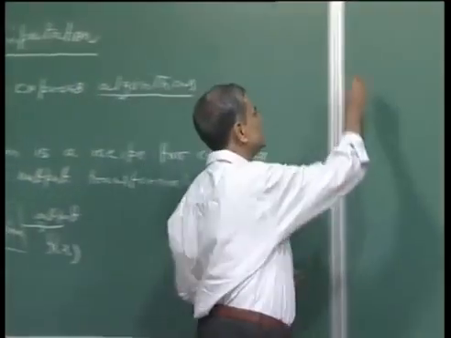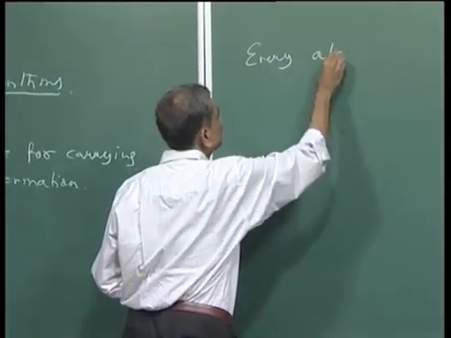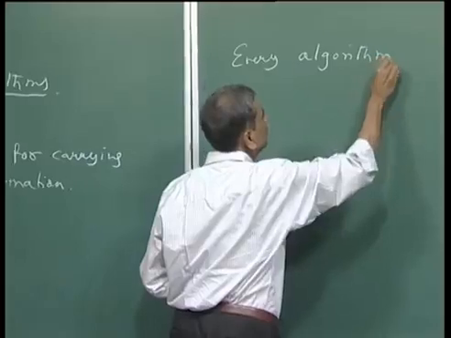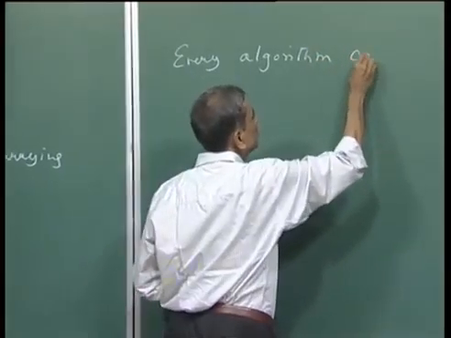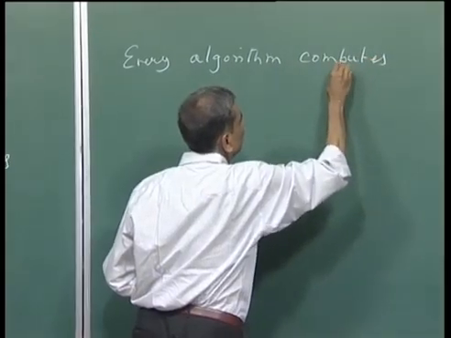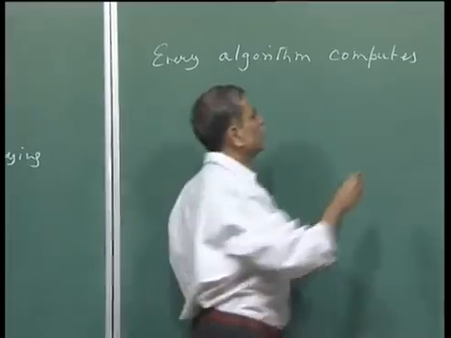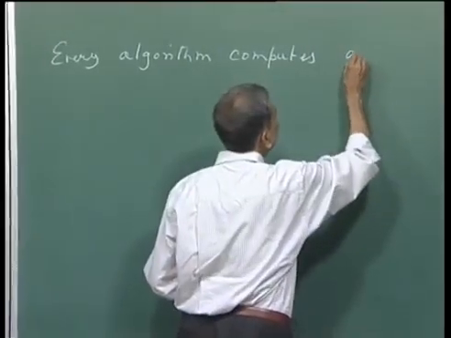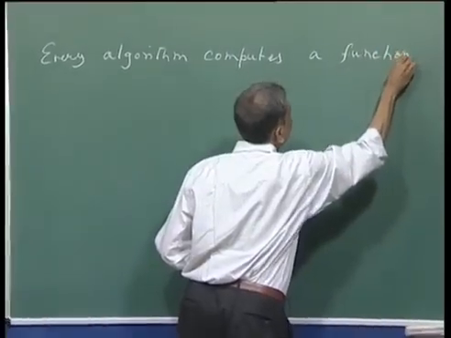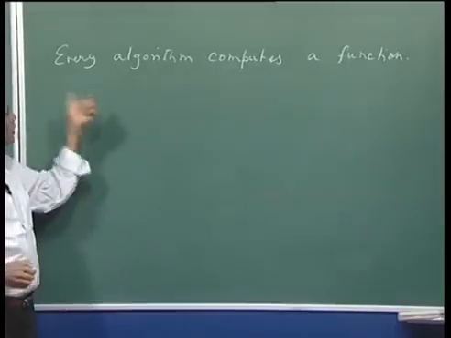So, let us write this here. Every algorithm computes, or I should have said tells us how to compute, a function. The distinction should be clear between algorithm and function.